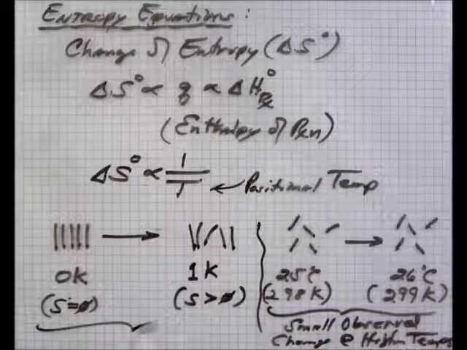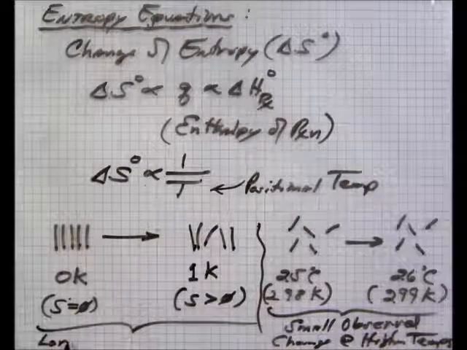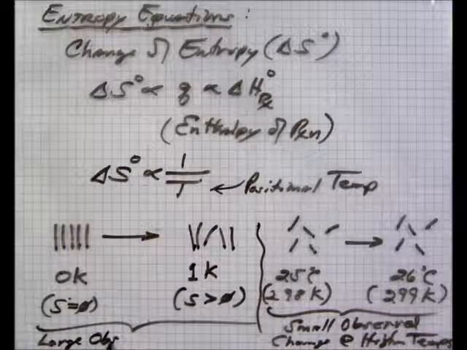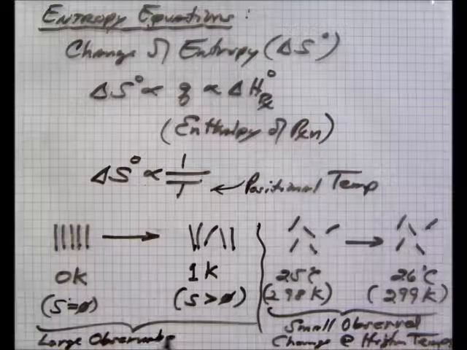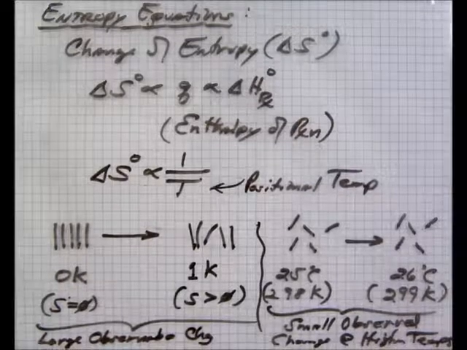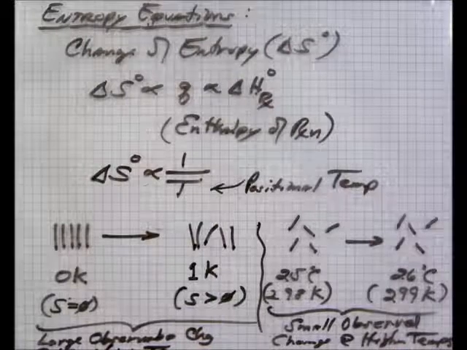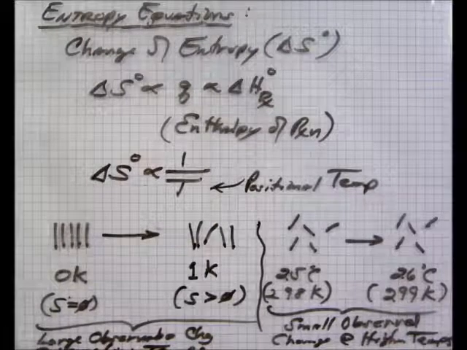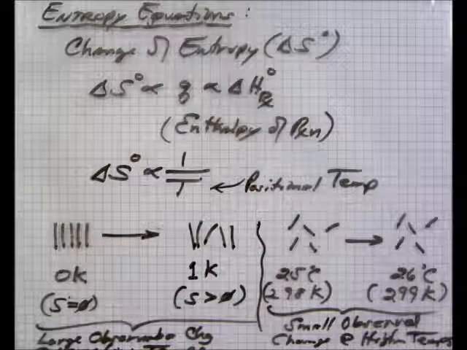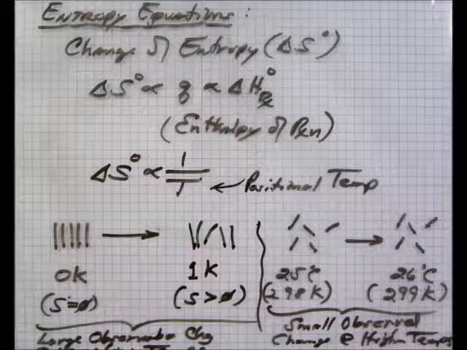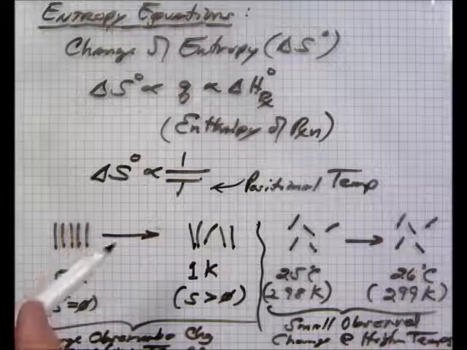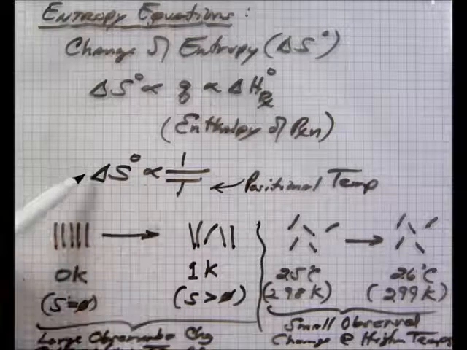And here you have a large observable change at very low temperatures, close to zero. And so that's why it is a reciprocal here relative to changes.